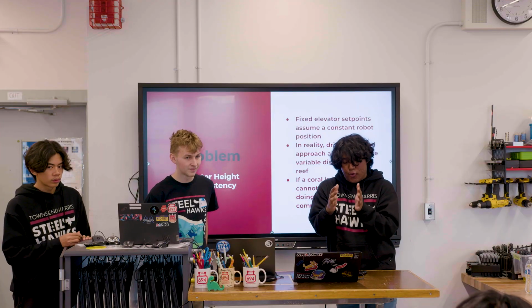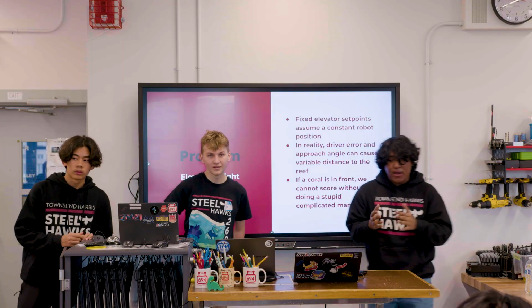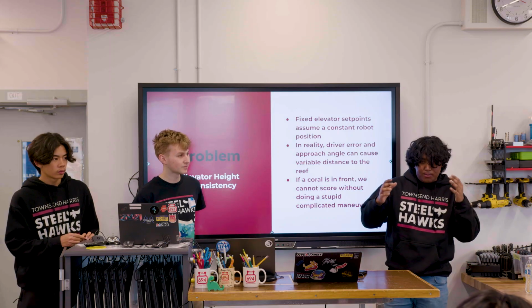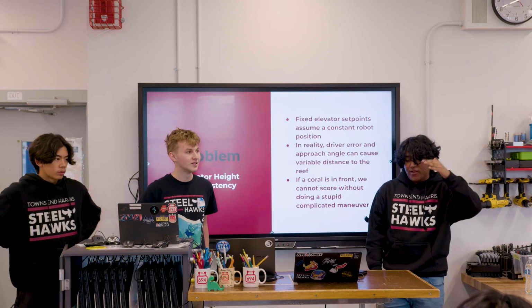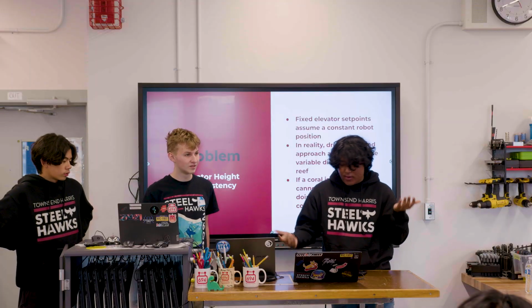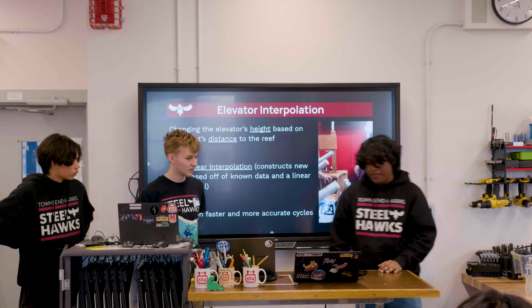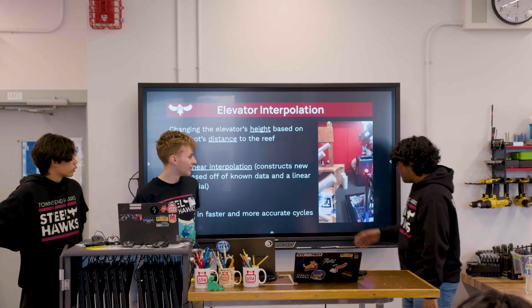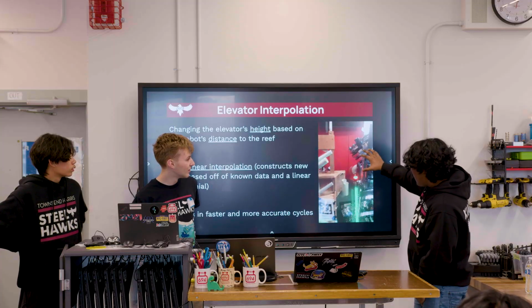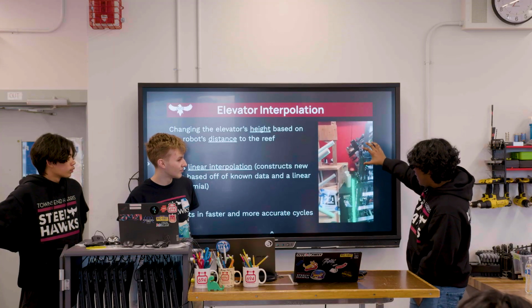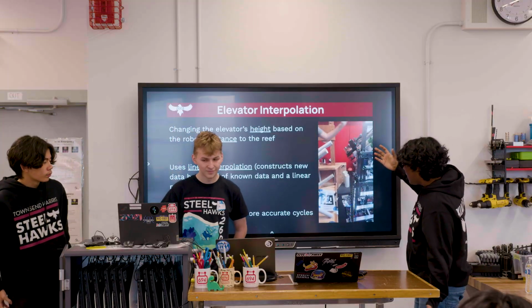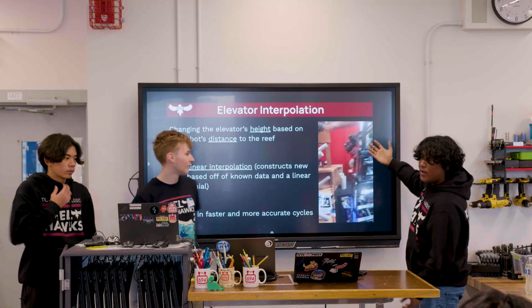Because you have a coral blocking it. So depending on how far you are from the branch, this system will move the elevator up and down to compensate. Let's just go into the video so you understand what I'm talking about. Here we can see we're not flush against the reef, and depending on how far we are from this branch, you can see your elevator is dynamically switching between how high it is and how low it is.